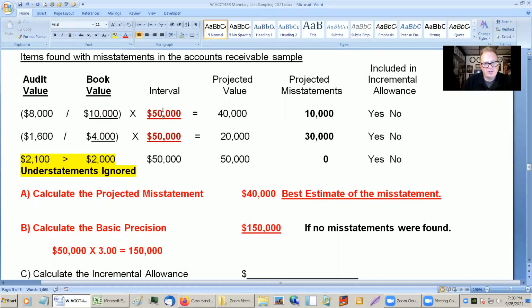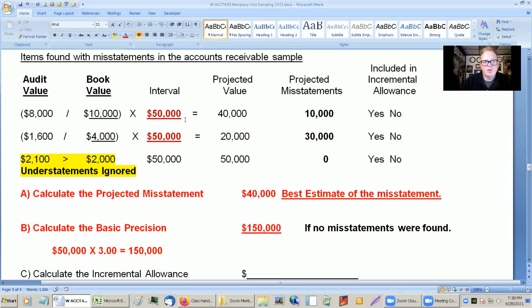The book value is 10,000, interval is 50,000, so it'll be in there. More could go wrong in that interval. And the book value of this one is 4,000. Again, more things could be wrong in that interval. This one, nothing was wrong, even though it was misstated the wrong way, and so we ignore it. So there actually wasn't a misstatement here.